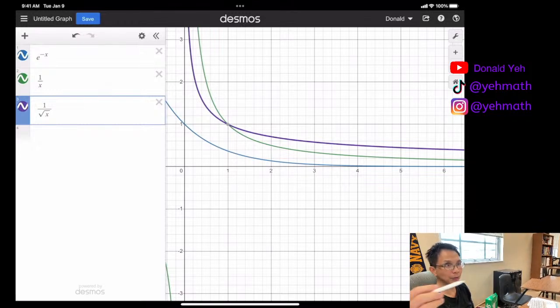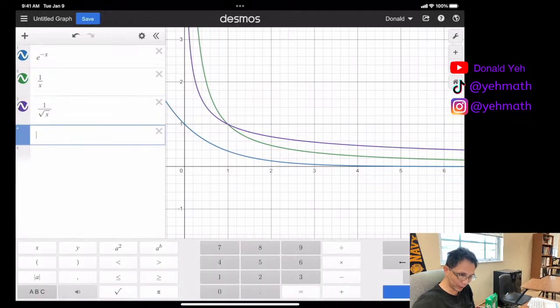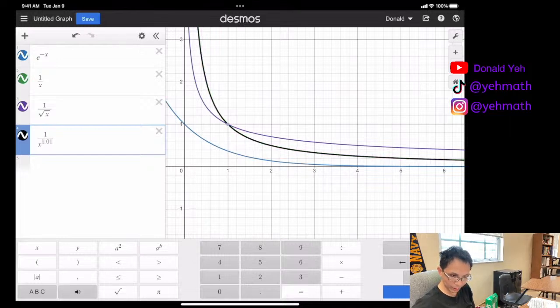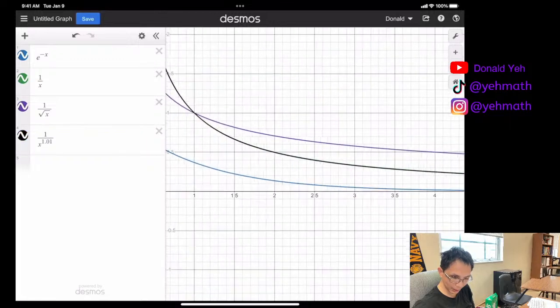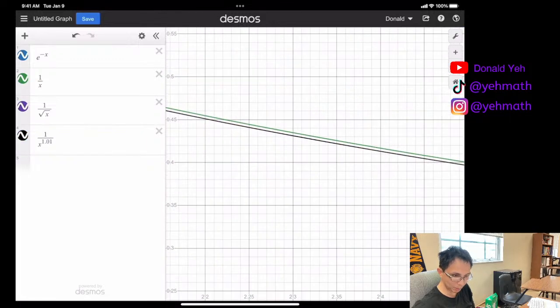Now, if you have 1 over x to the 1.01, hopefully you can see the difference between that line, but you see that line is barely below it. One works and one does not work. That's crazy. So 1 over x does not work, but 1 over x to the 1.01 works.